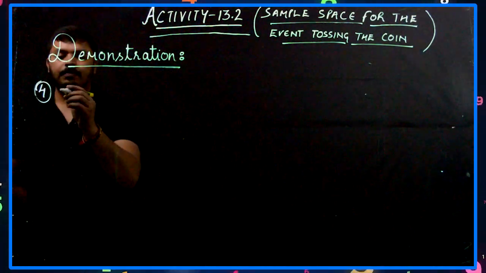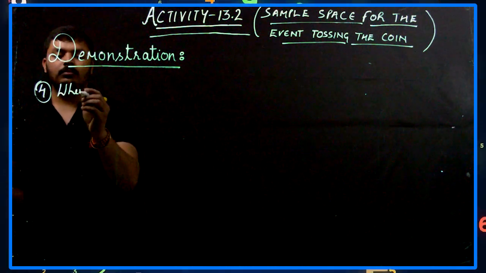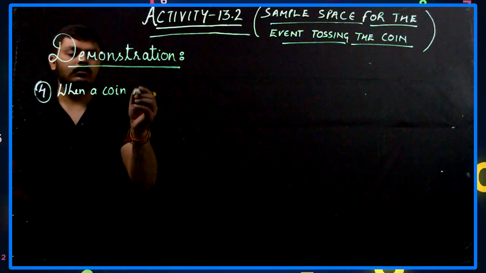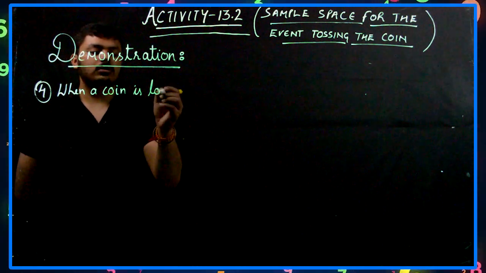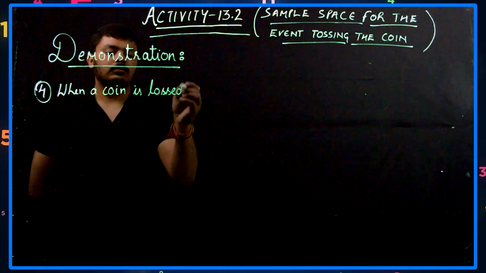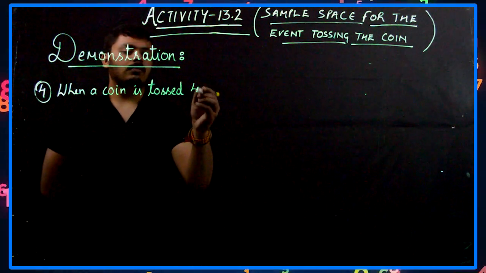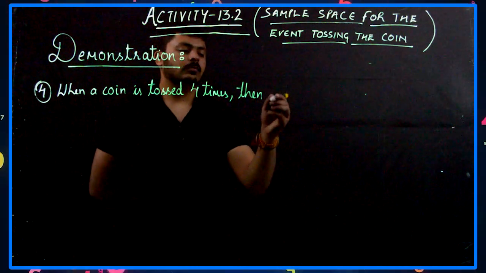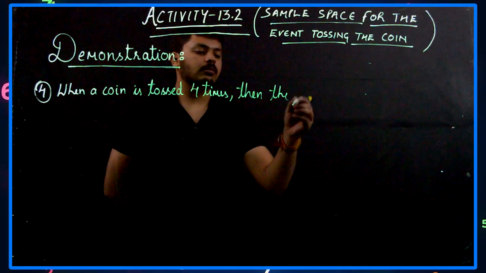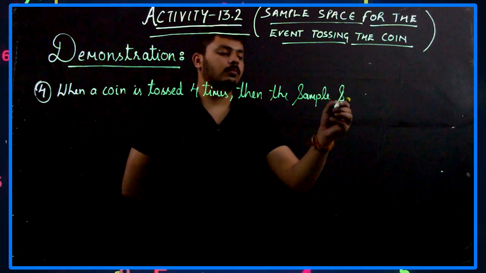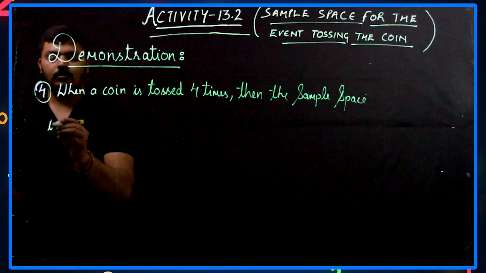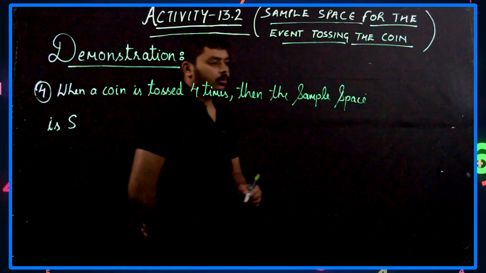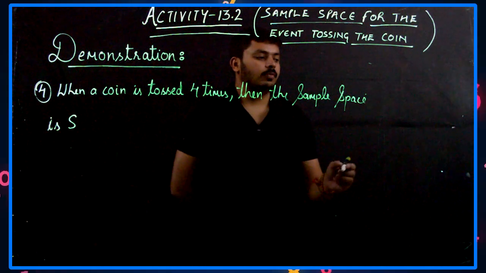Now in the fourth step, when a coin is tossed 4 times, then the sample space is S. So first let's draw the tree structure for it.